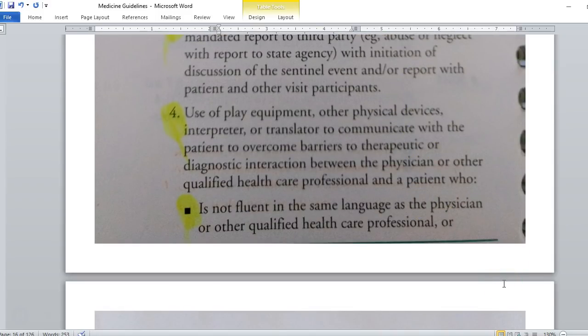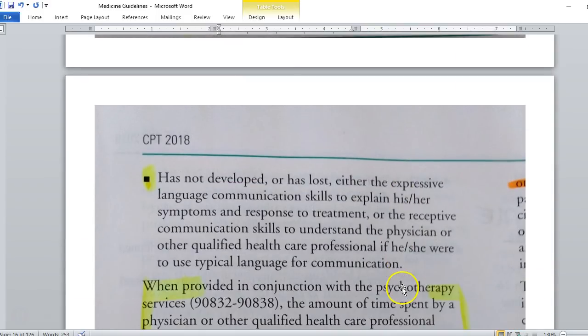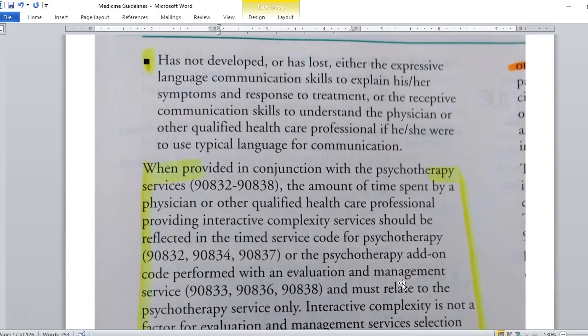The use of play equipment, other physical devices, or an interpreter or translator to communicate with the patient to overcome barriers to therapeutic or diagnostic interaction between the physician or other qualified healthcare professional and the patient, who either is not fluent in the same language as the physician or other qualified healthcare professional, or has not developed or has lost either the expressive language communication skills to explain his or her symptoms in response to treatment, or the receptive communication skills to understand the physician or other qualified healthcare professional if he or she were to use typical language for communication.